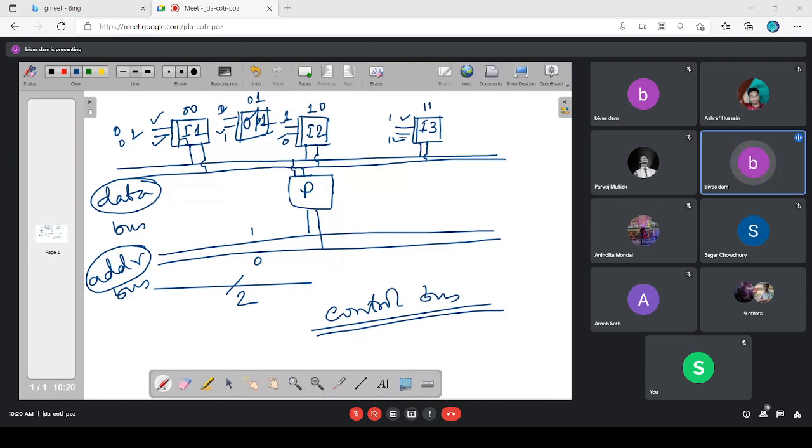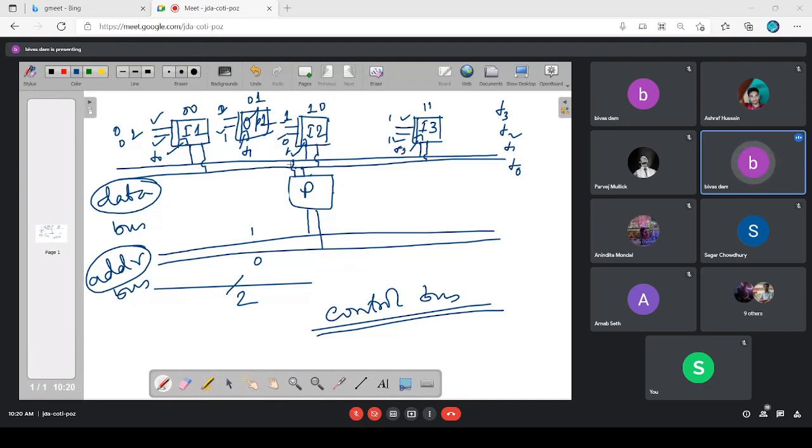But as this I1 is enabled by the 00 output, 00 output means my outputs are F3, F2, F1, and F0 of the decoder. Now, this enable input is connected with F0, this enable input is connected with F1, this is F2, and this is F3 of the corresponding decoder.